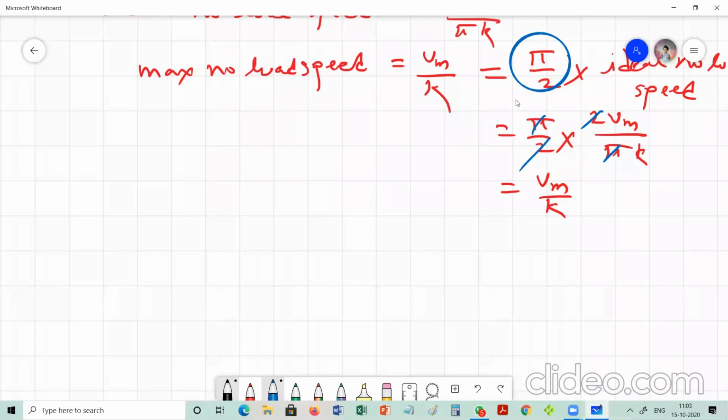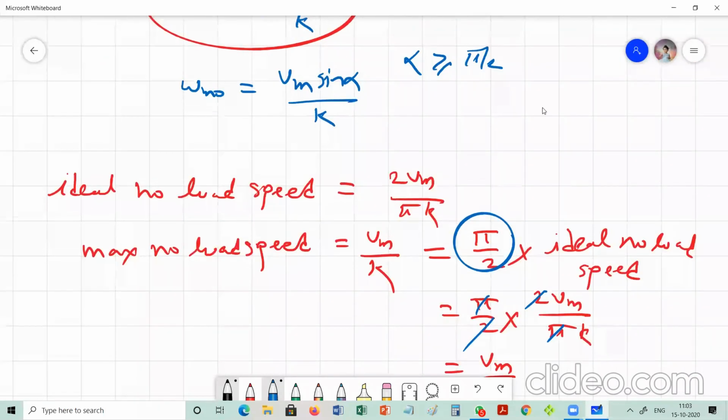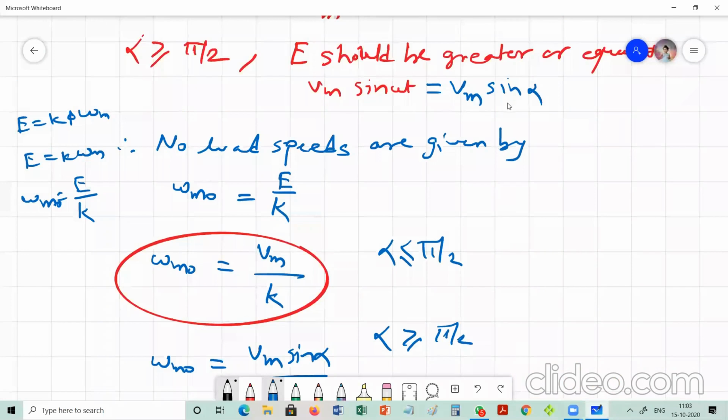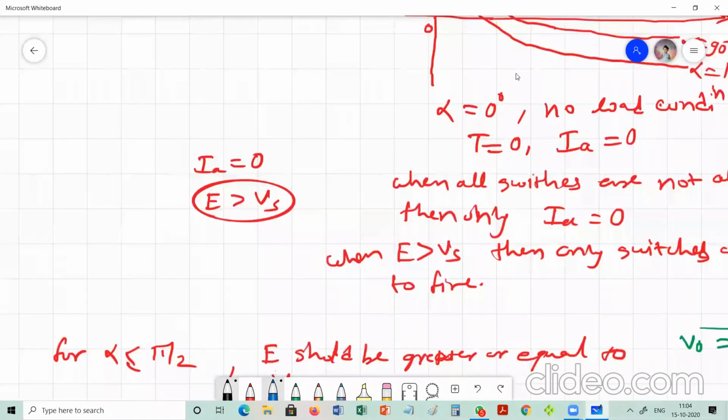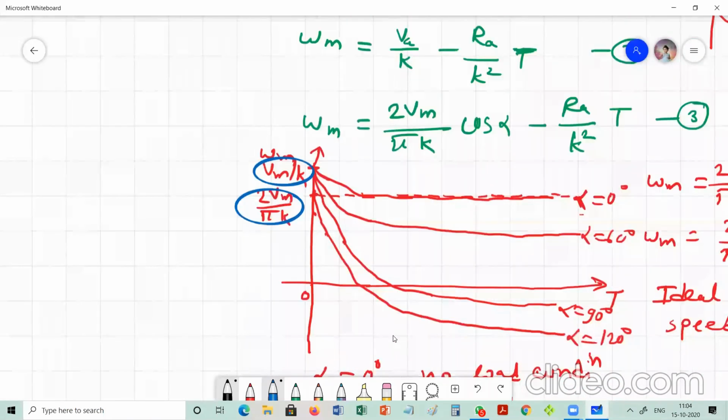I just forgot to show you the boundary between continuous and discontinuous conduction. This is the boundary between continuous and discontinuous conduction.